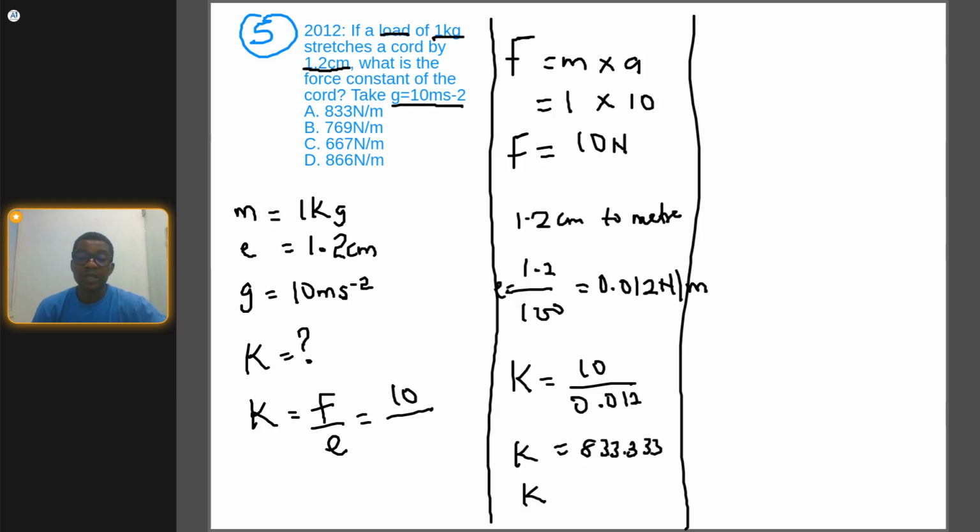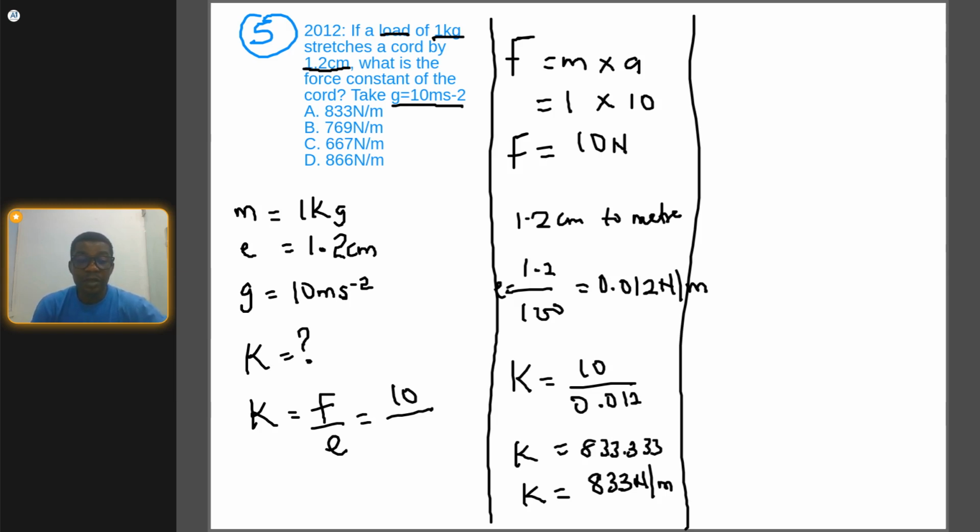So approximately to the nearest whole number, according to the options, we have 833 Newton per meter.